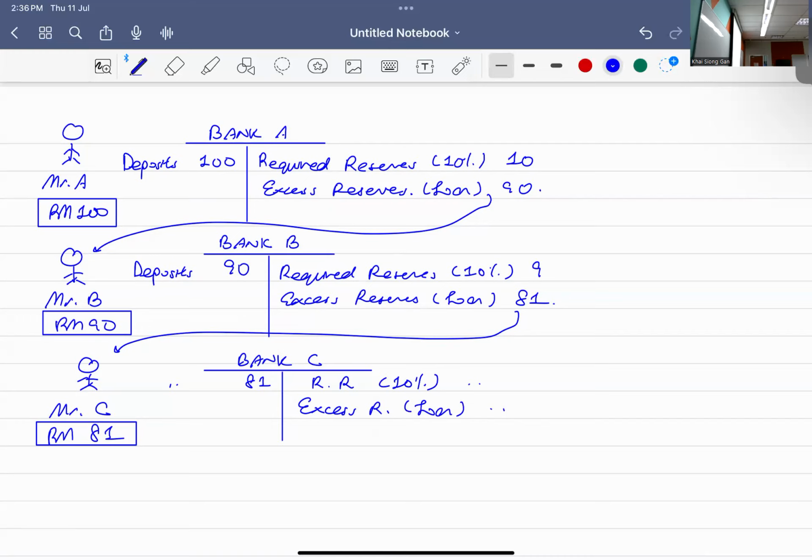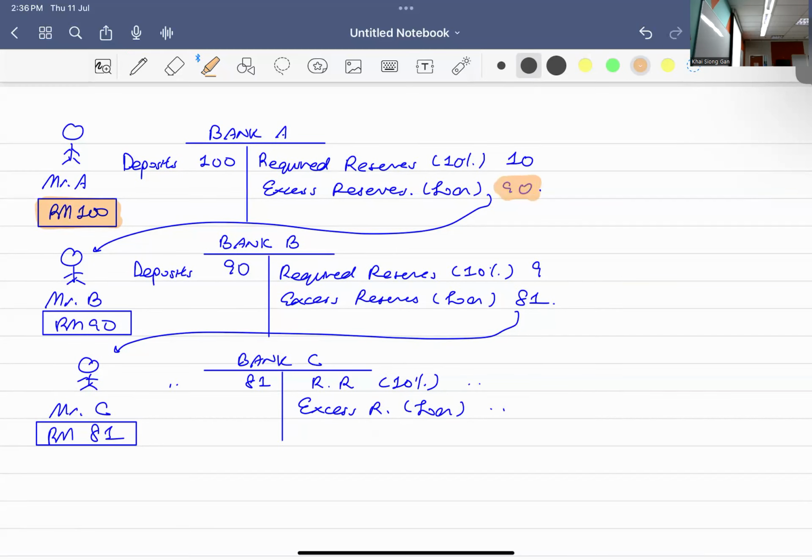Do you realize one thing? From the initial 100 deposited by Mr. A, it can create a lot of money supply with the required reserve. Of the 100 ringgit put in by Mr. A, only 10% needs to be kept, so the rest can be loaned out.